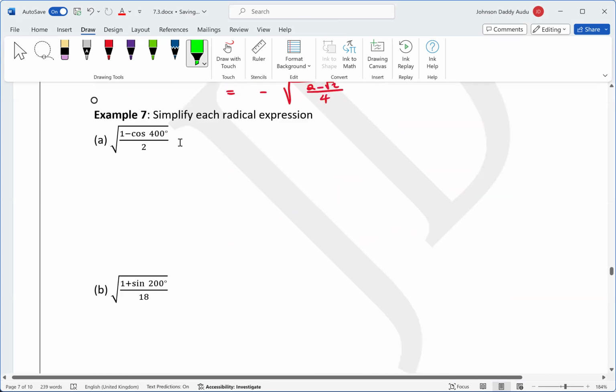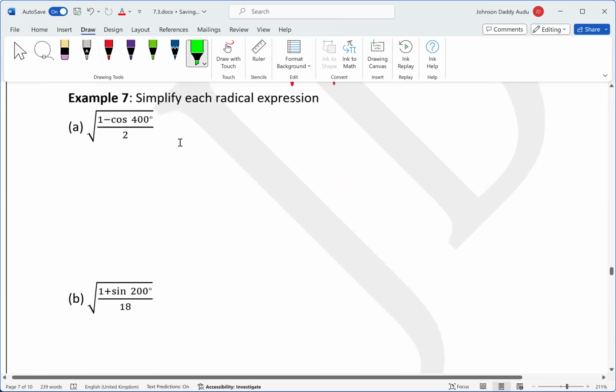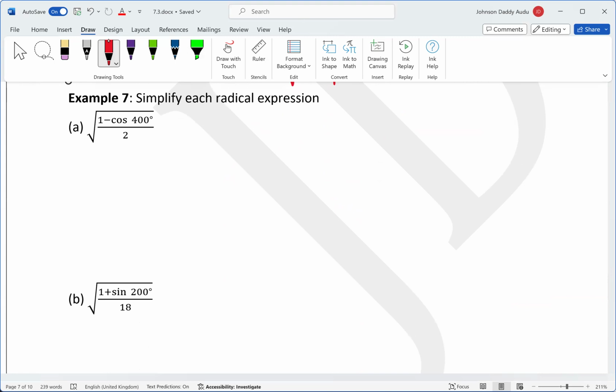Now let's go to example 7. For example 7, we want to find this, which is already telling us it is positive. So first of all we have to find the coterminal angle, because this number is bigger than 360.